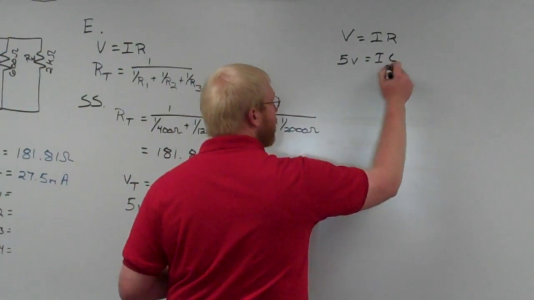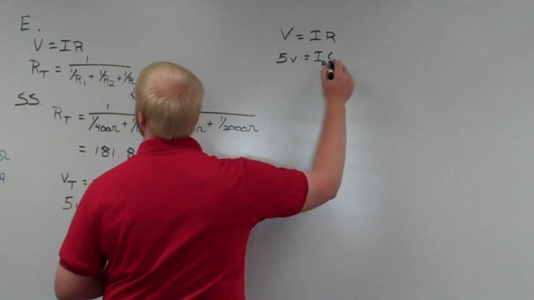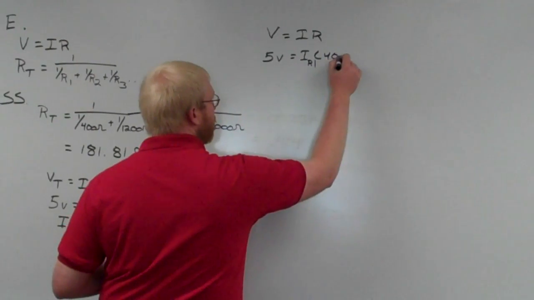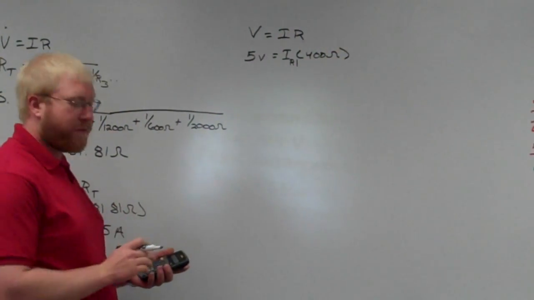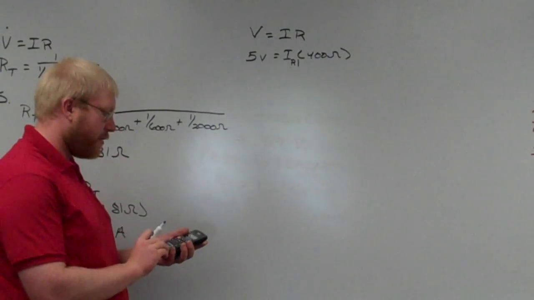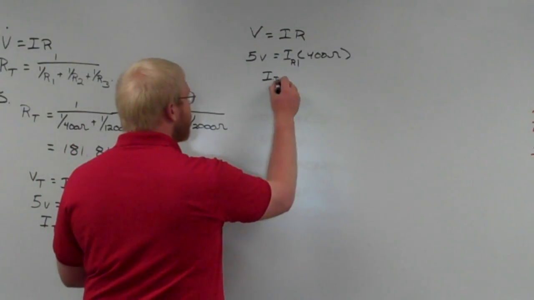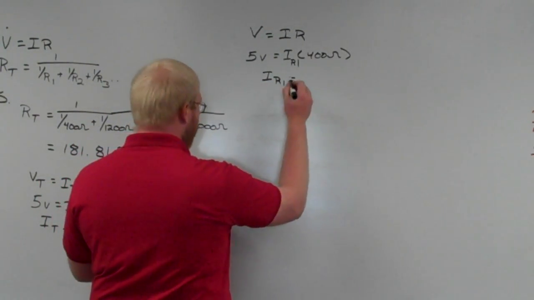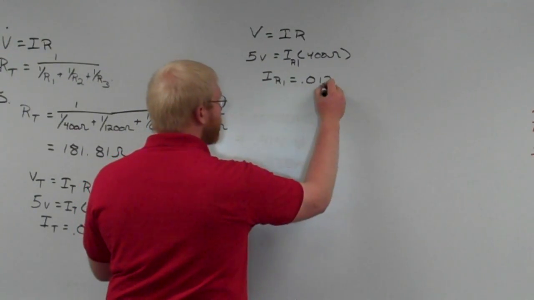So resistor 1, I'm looking at current at resistor 1. Resistor 1 is 400 ohms. And once again, I take 5 divided by 400, which gives me I at resistor 1 equals 0.0125.